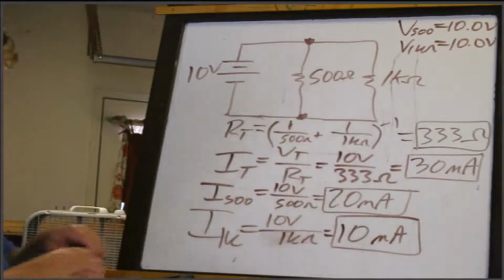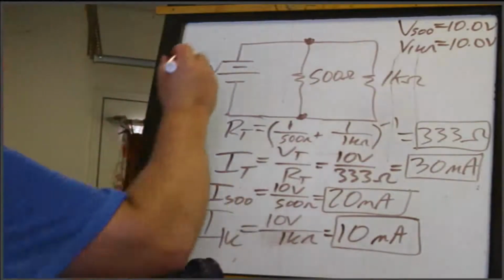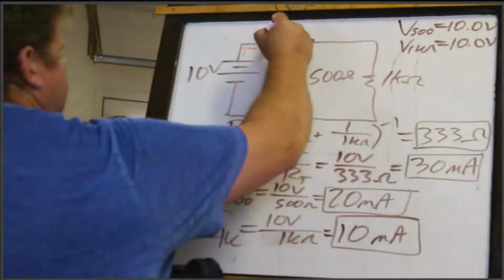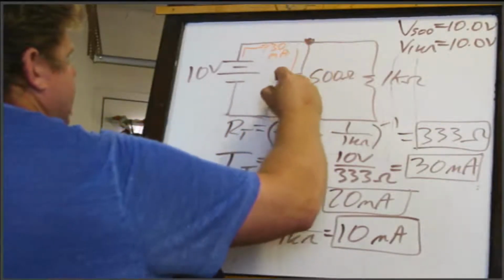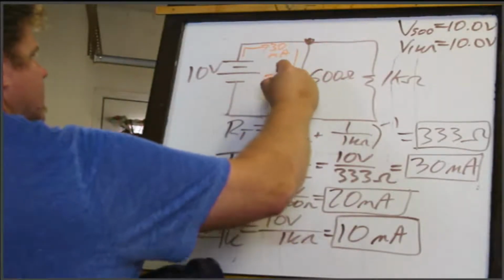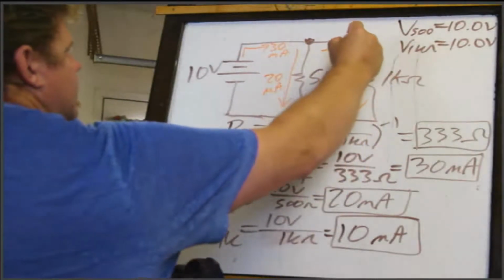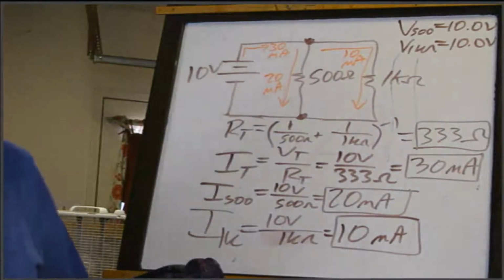Milliamps. Okay. So let's see if this shows up here. So we have a total of 30 milliamps. Down here through the 500 we have 20. And then over here we've got 10.